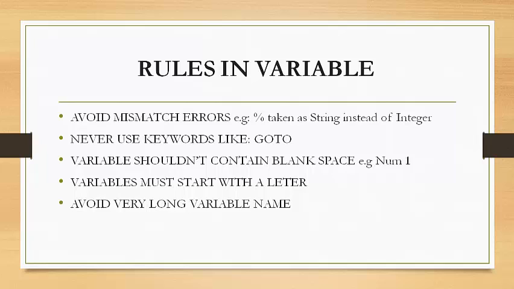The next thing is the rules for variables. There are some rules you need to know for variables to avoid mismatch errors. That is, don't take a percentage as an integer. Never use keywords like GOTO. Variables shouldn't contain blank spaces, e.g. num space 1.